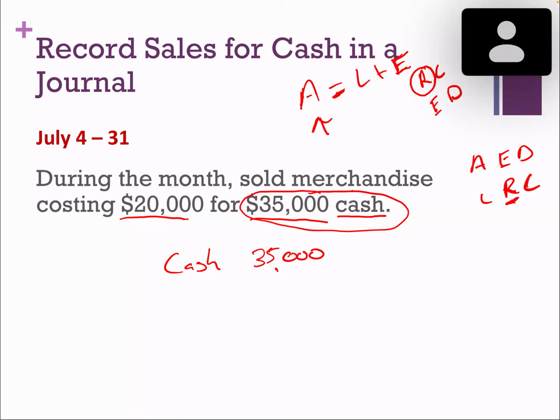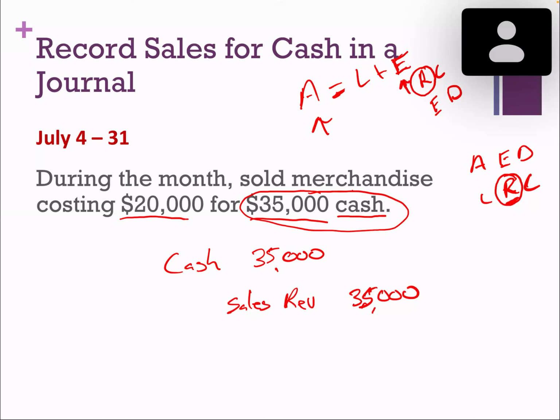We did work, we provided merchandise to the customer. And so that's going to be revenue. So you could just credit revenue, or you could say sales revenue, which has a normal credit balance. We credit that account to increase it. So $35,000. Okay, that's one journal entry. Increasing our cash, increasing our equity, and we increase equity by increasing the revenue account.